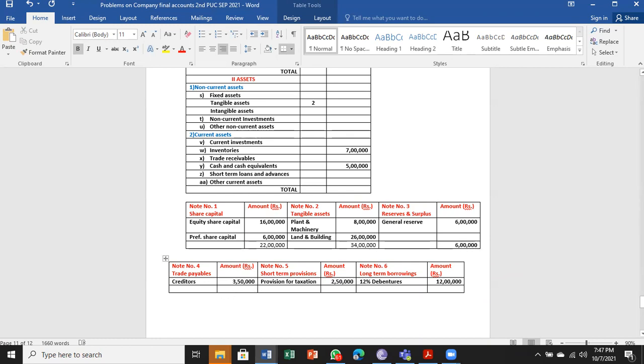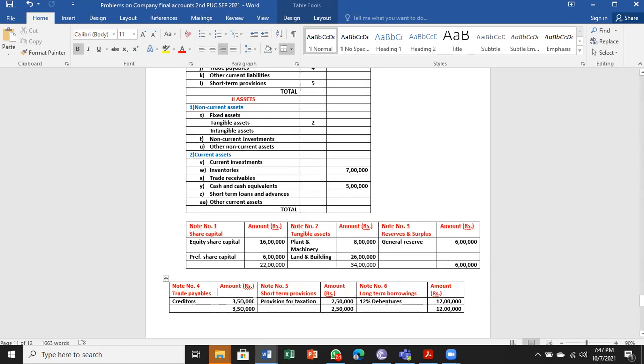Trade payable, 3,50,000. Provision for taxation, 2,50,000. 12% debentures, 12 lakhs. So I completed all the notes totaling. Let me get into now the totals.